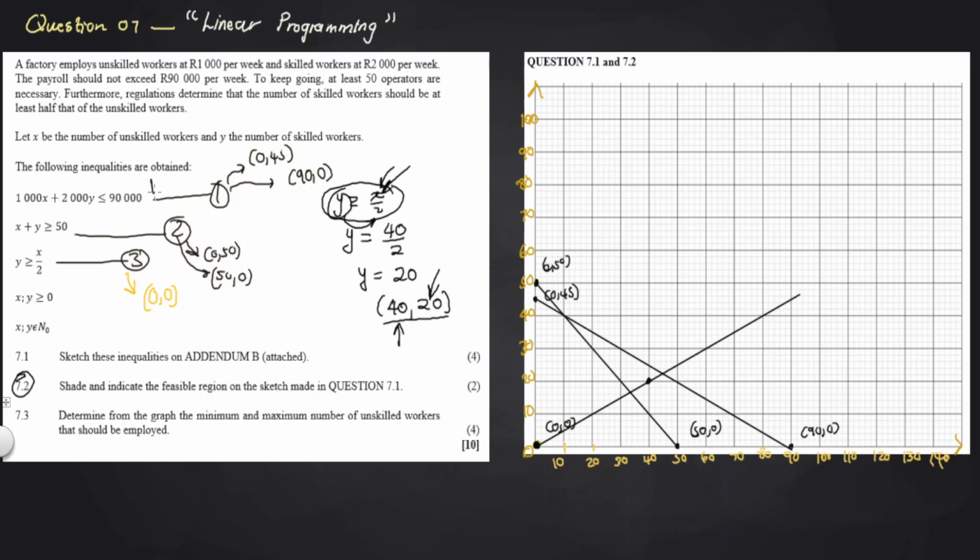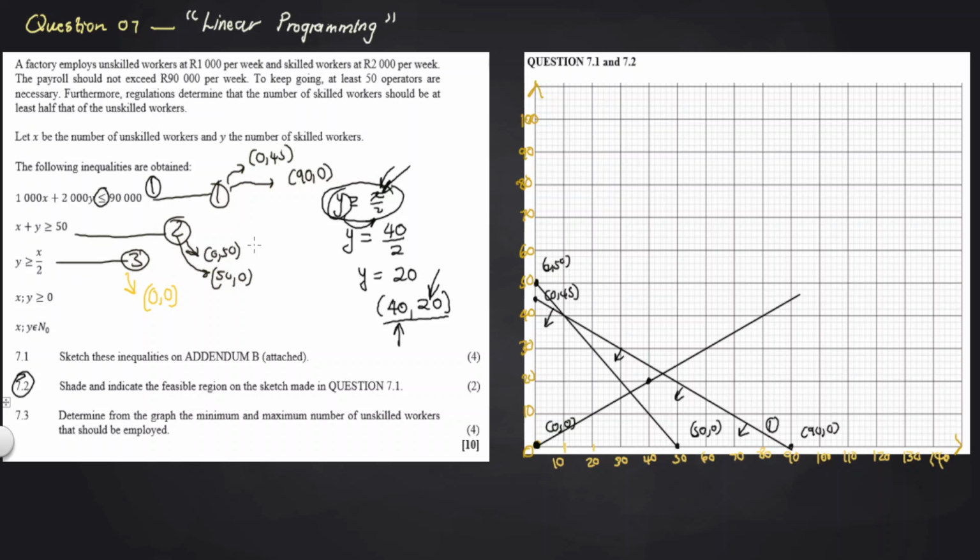So let's start with the first constraint. Constraint number 1, we have a less than sign. So constraint number 1 was this line as you plotted here. So it's pointing down. Why?